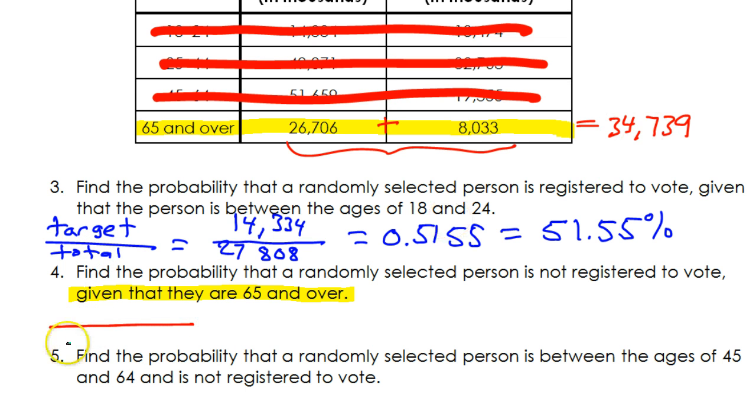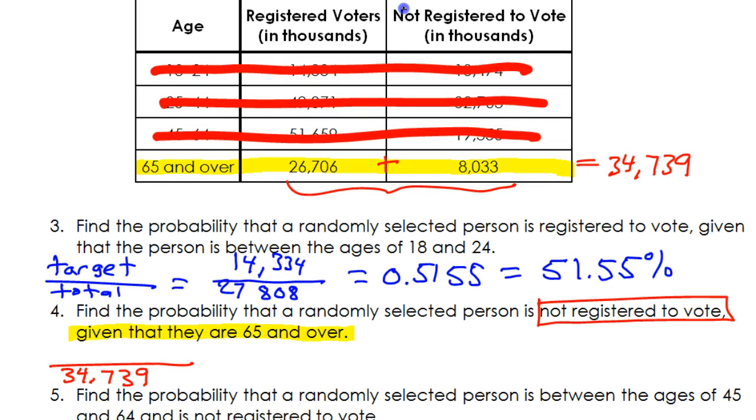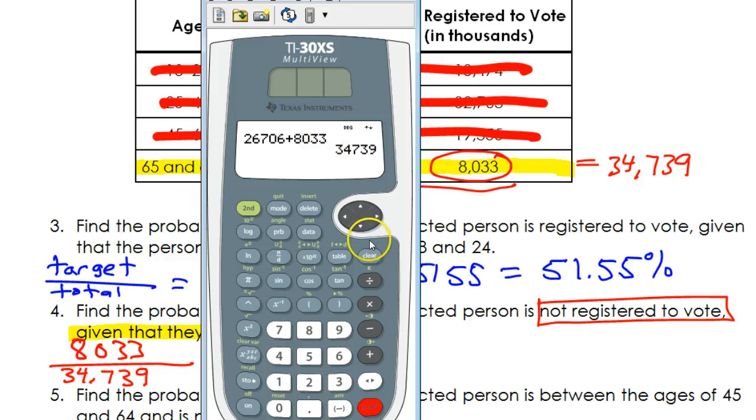So when I do my target over total for a probability, I know my total is going to be right there: 34,739. And my target is randomly selected person is not registered to vote. So that's my target: 8033. Okay, bring my calculator back.